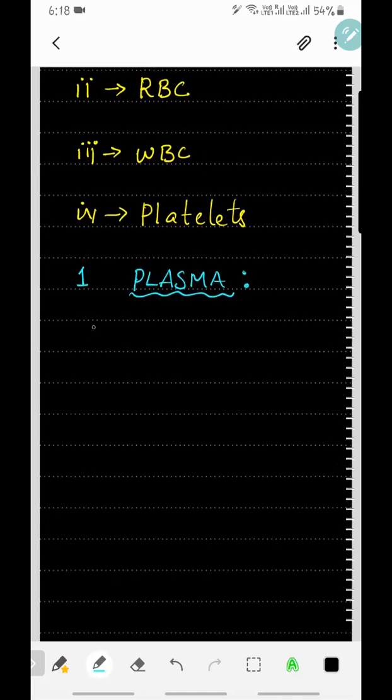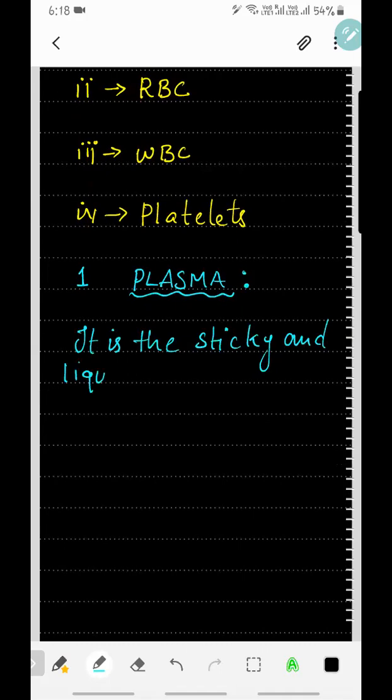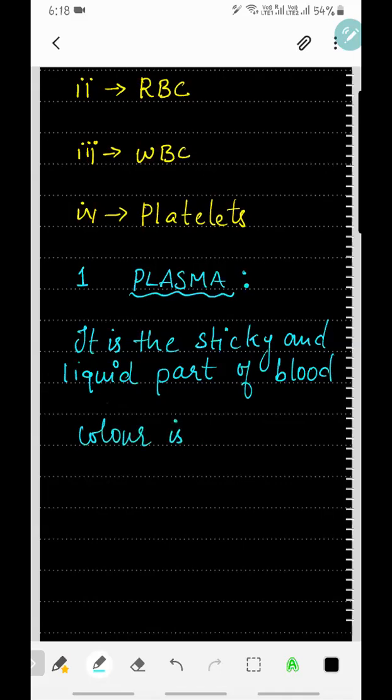The first thing about plasma is that it is the sticky and liquid part of blood. The color is pale yellow.